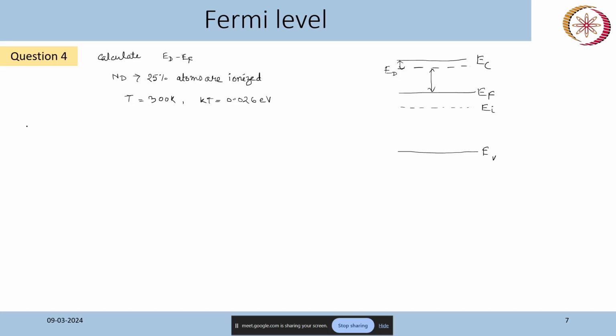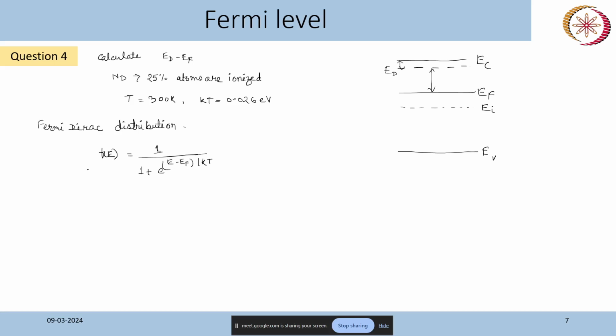Now we will use the Fermi-Dirac distribution for this question. The Fermi-Dirac distribution is F(E) equal to 1 by 1 plus exponential of (E minus EF) by kT.